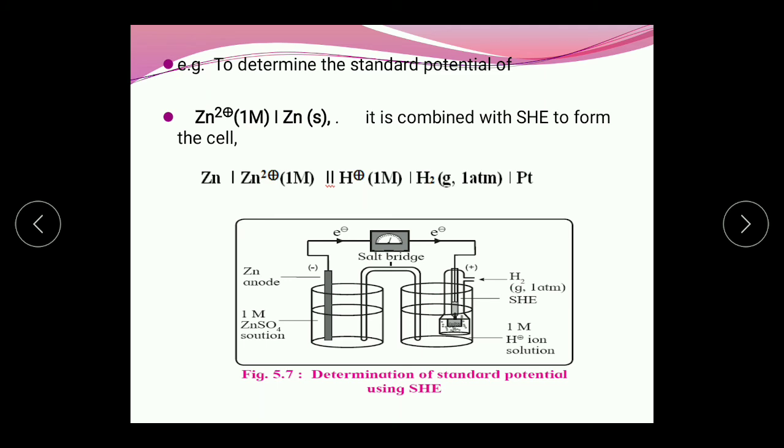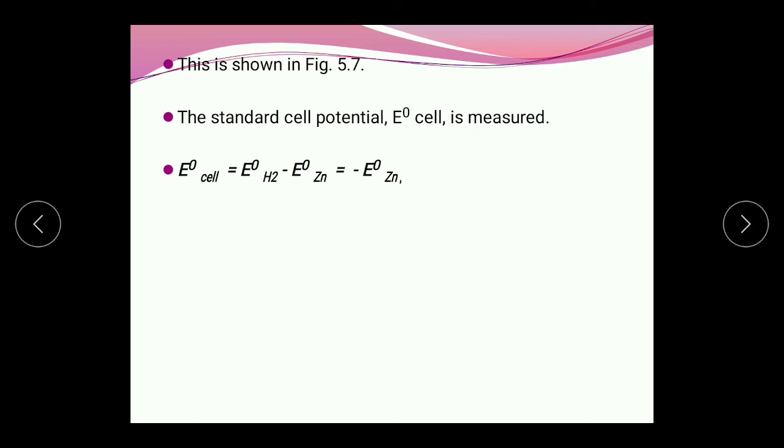So we will see, as shown in the figure, how we can calculate the EMF of the zinc electrode. For that a formula is needed. The standard cell potential E0 cell is E0 of RHE, that is the cathode, minus E0 of LHE, that is the anode.